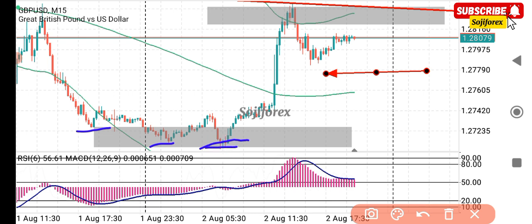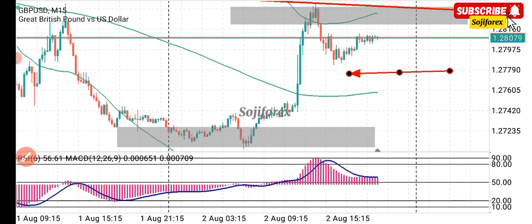So when you come to the M15 time frame, anytime you begin to see a lower low formation around the lower Bollinger Band, or a higher high at the upper Bollinger Band, it means there is a divergence. So all you need to do is pick your tools and mark out your divergence.